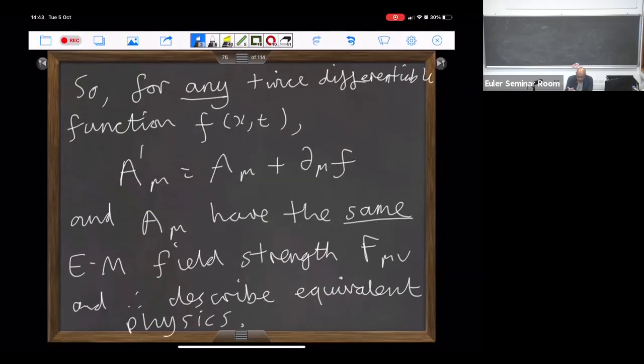So I want to emphasize again that this is an infinite dimensional space of symmetries that Maxwell's equations have, because I could choose essentially any function here.